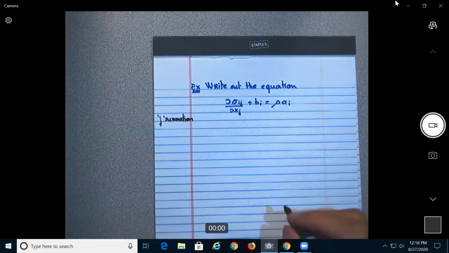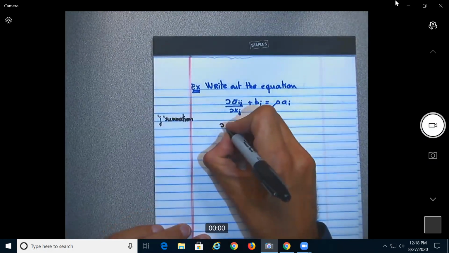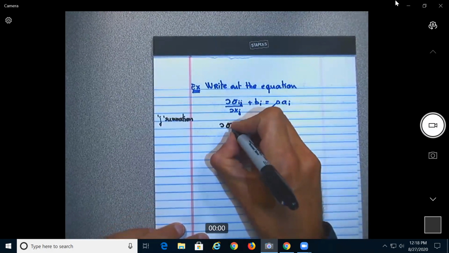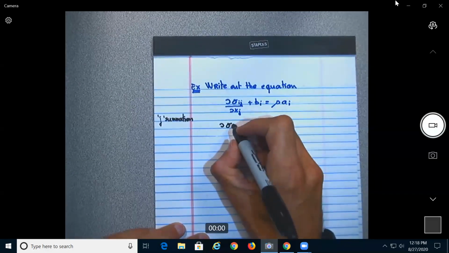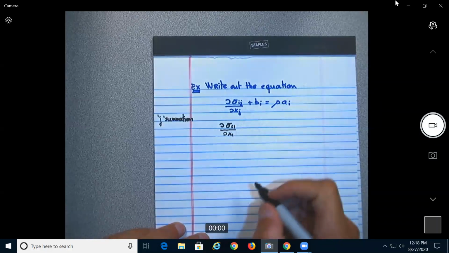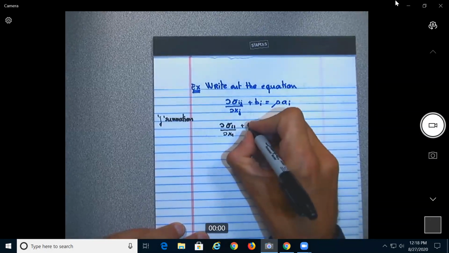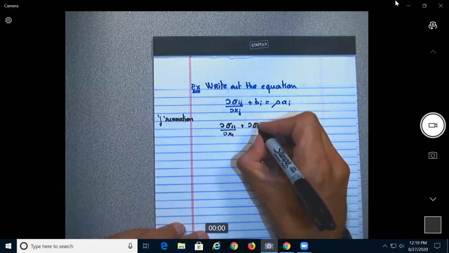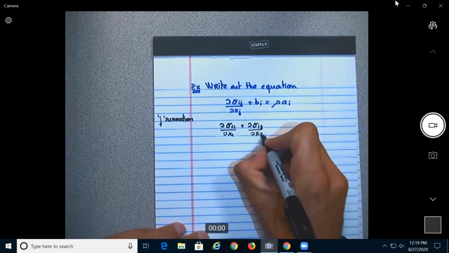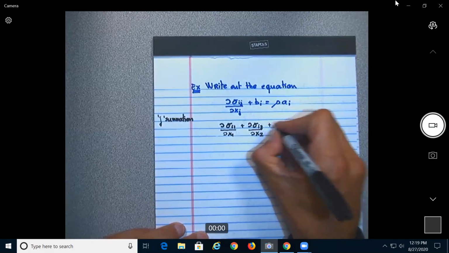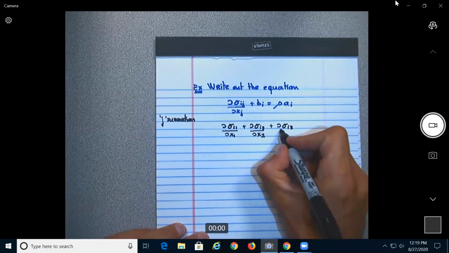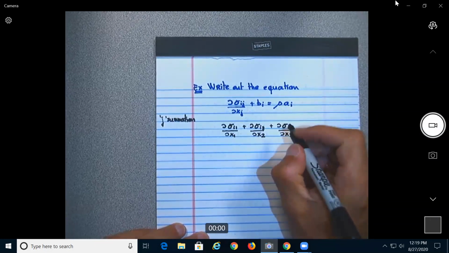So here what you can write is just the partial of sigma i1 with respect to x1, plus the partial of sigma i2 with respect to x2, plus the partial of sigma i3 with respect to x3.